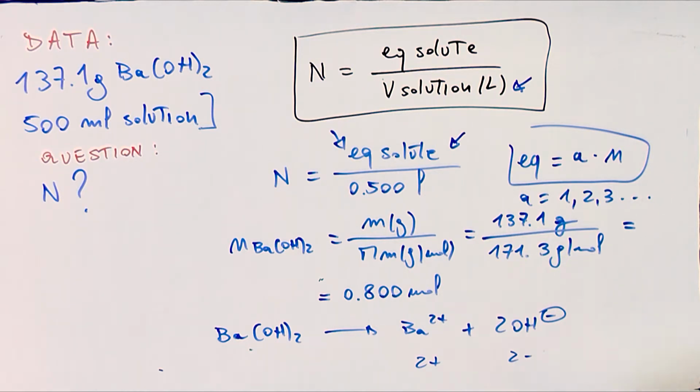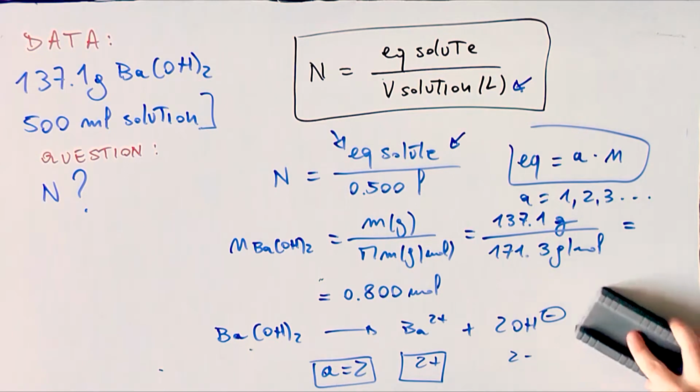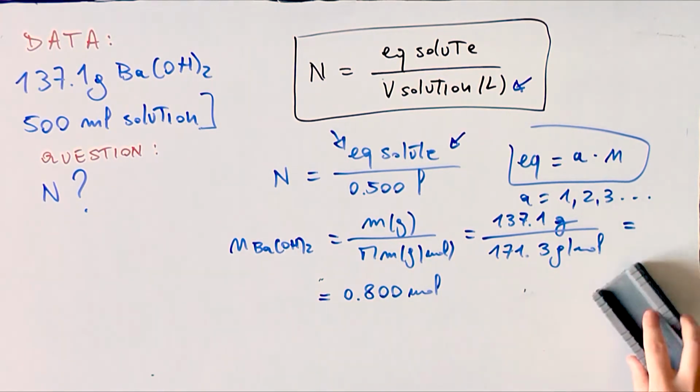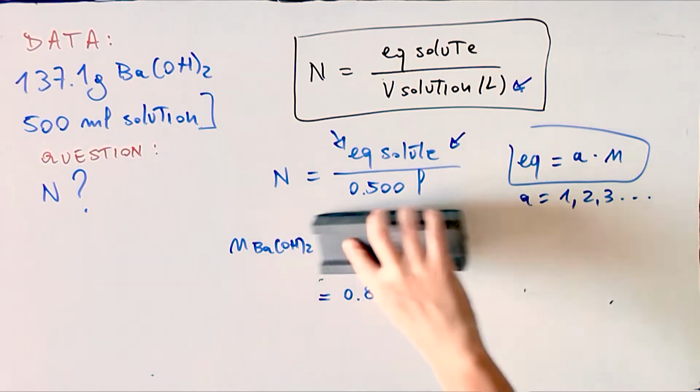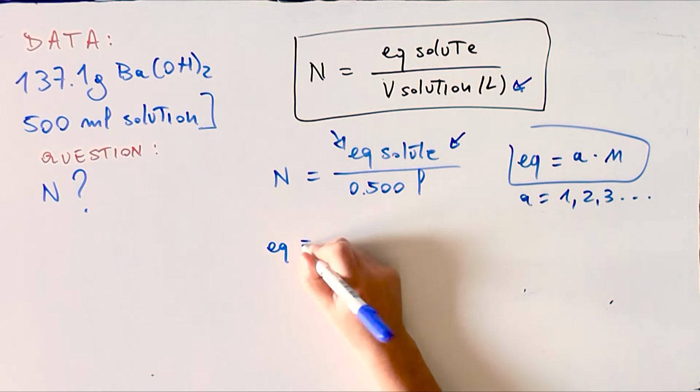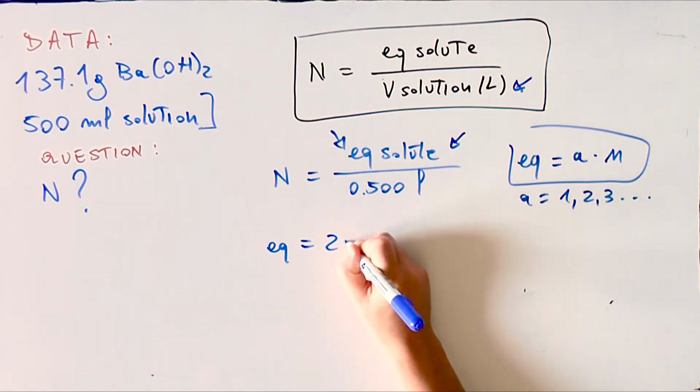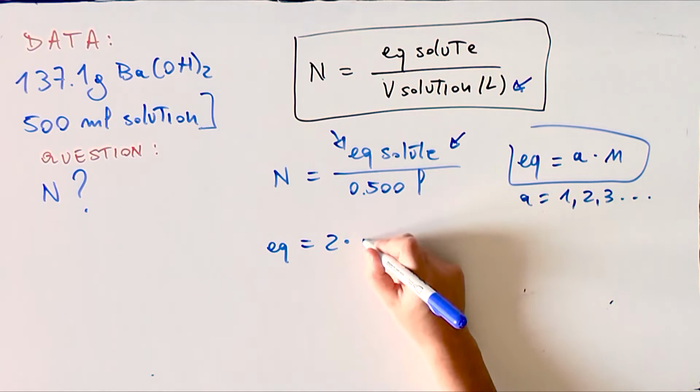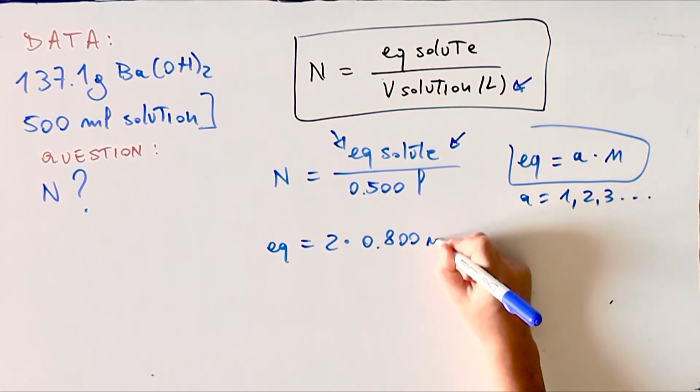And so we have our number, our integer, which is actually 2, which is the charge released by barium hydroxide in water. It's 2 plus and 2 minus, so A is actually 2. So we have our A, and now it's very simple to calculate equivalent, because based on this equation, equivalent is our A, 2, multiplied by our n, which was 0.800.